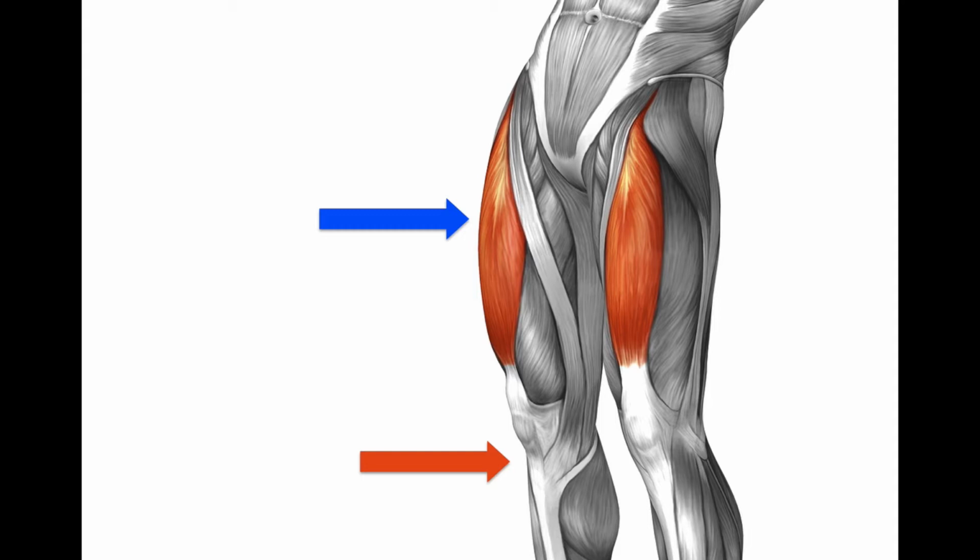So also think of muscles, if you would, like pulleys or ropes. If they shorten, they're actually going to pull on a bone in a very logical way. For example, the quadricep muscle is highlighted by the blue arrow there. And then we have a structure called the patellar ligament highlighted by the red arrow.